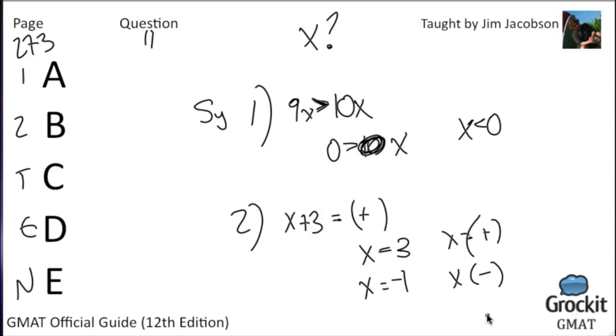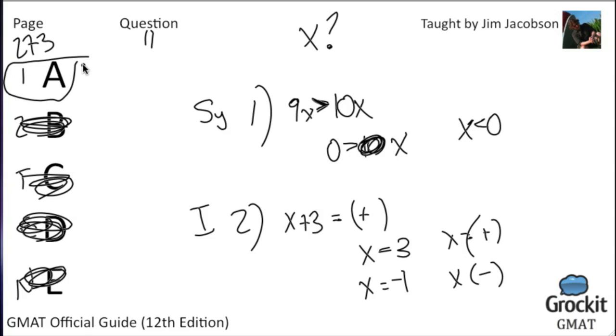So because statement 2 is sometimes yes, sometimes no, it is insufficient on its own. So, sorry, with the first one we could have crossed off B and C and E. With the second one being insufficient, we can cross off D, leaving us only answer choice A as sufficient.